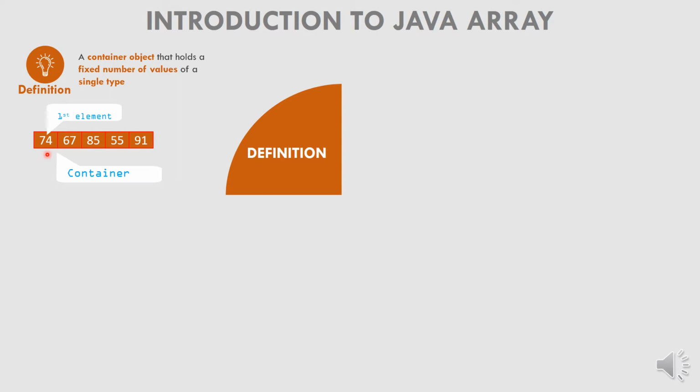As an introduction, 74 is the first array element value, while 91 is the value stored at the fifth element, or the last element. Okay, I think that is too much information for definition only.